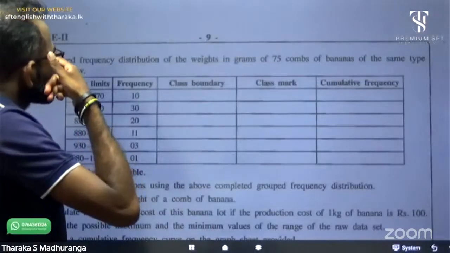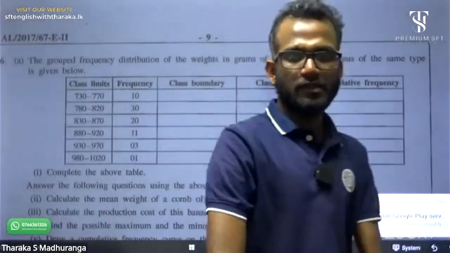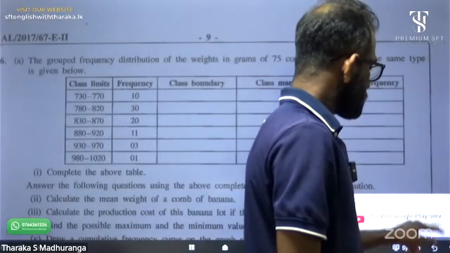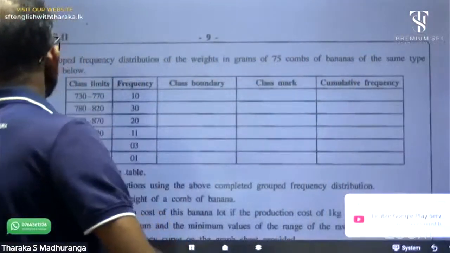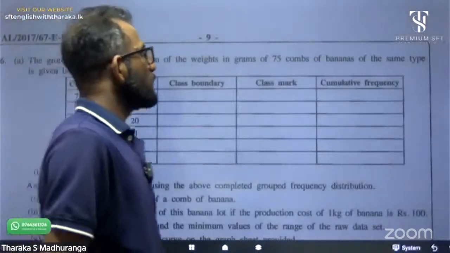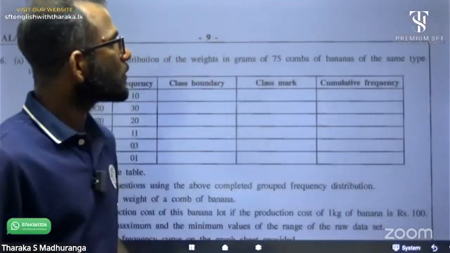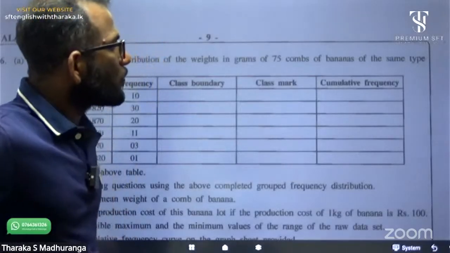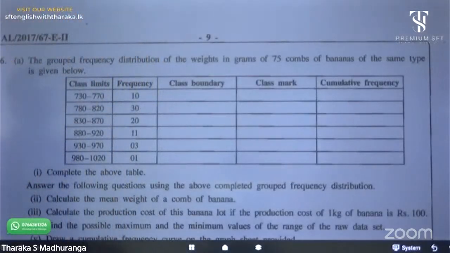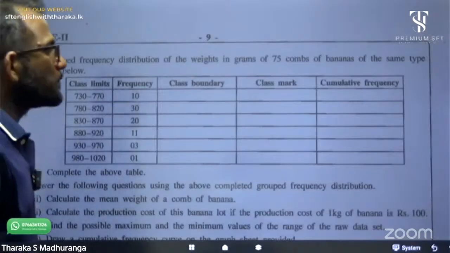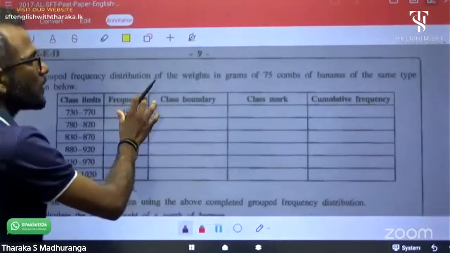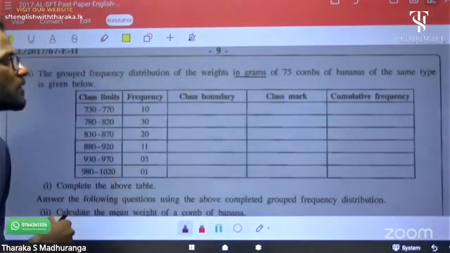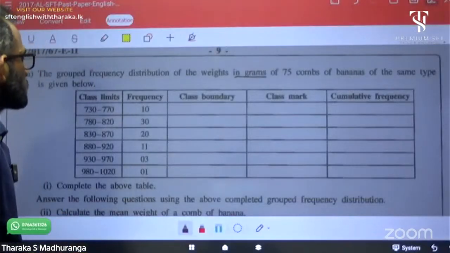2017 question number 6. The group frequency distribution of the weight in grams of 75 banana cones of the same type is given below.